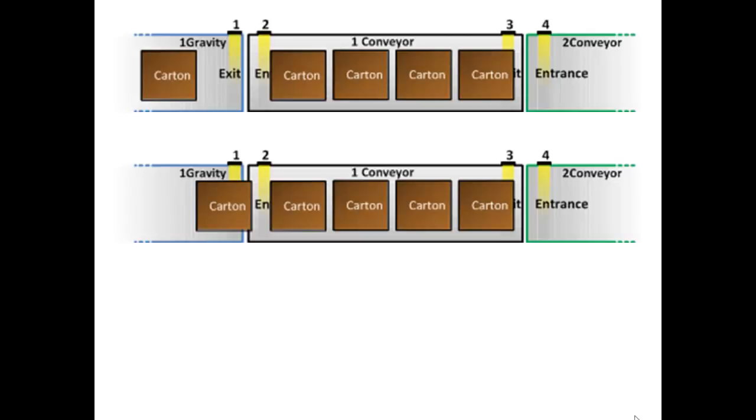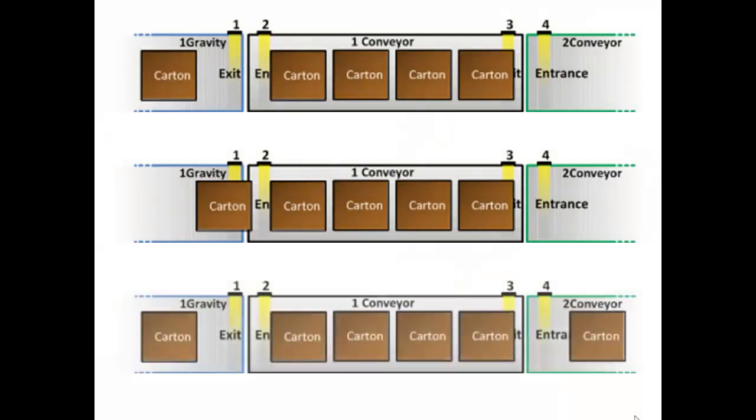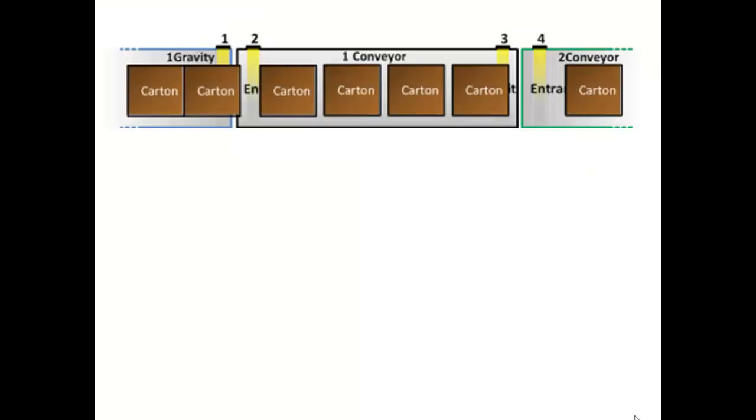But the system knows that there is a carton waiting to go onto one conveyor if one conveyor turns on. So if one conveyor turns on and takes a carton away, it pulls on that last carton, and now there's 4 again on one conveyor, and here comes another one down the gravity. Okay?